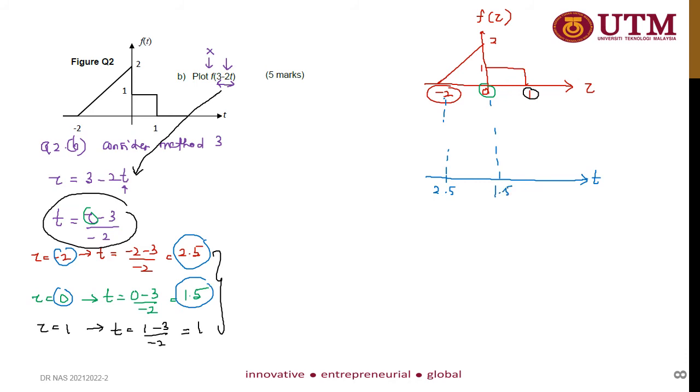When tau equal to 1, the new t is 1. Now copy the same shape of the signal into the new t axis. Just copy the same position, the same magnitude, but on the new t axis. This shape, something like this, and then like that. Magnitude is still 2, and here is still 1.